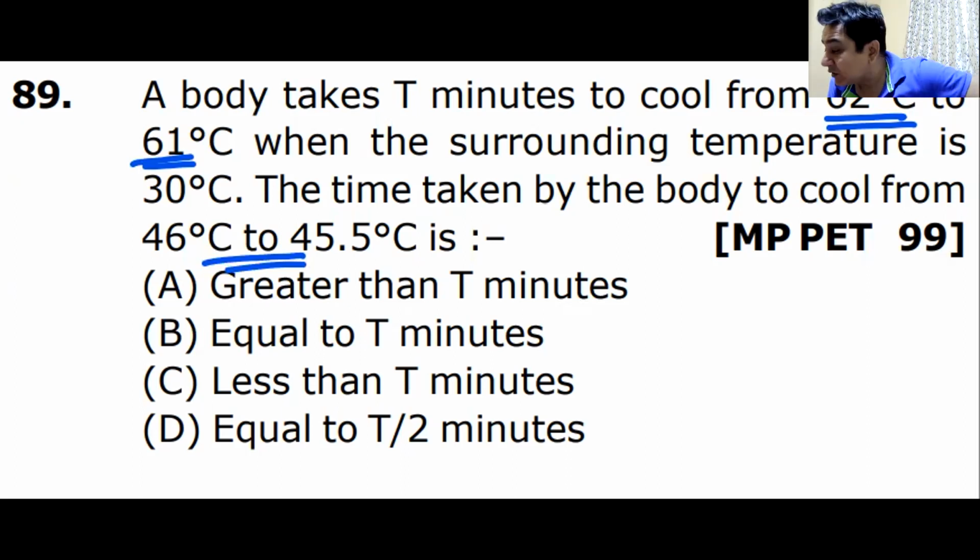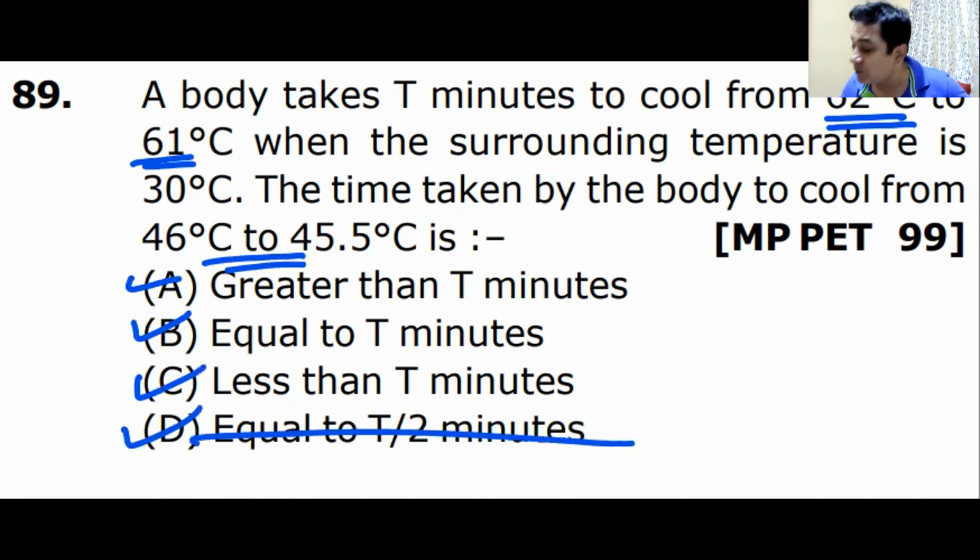That is why you may not be able to guess such questions, and it might take you actual solving to get to the answer, because all 4 options may be possible. The only option that may not be possible, which you can guess, is probably equal to T by 2 minutes.